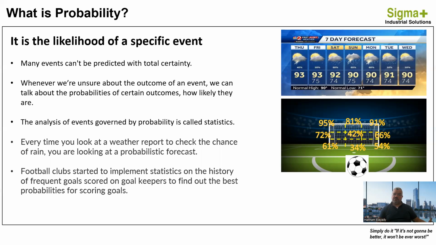Probability is also used widely in sports. Today, for example, football teams have started to study probabilities by understanding where the best locations are for players to score goals, based on the history of goals that have been scored from different locations on the playground.